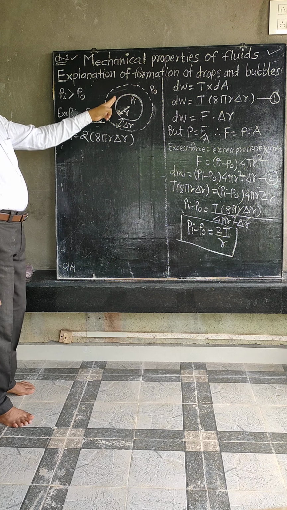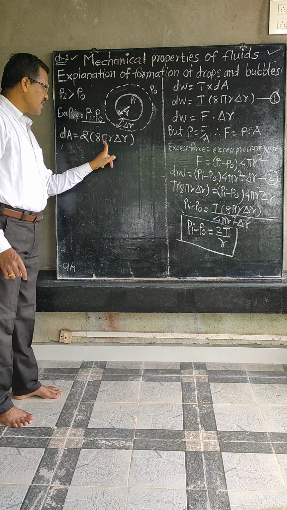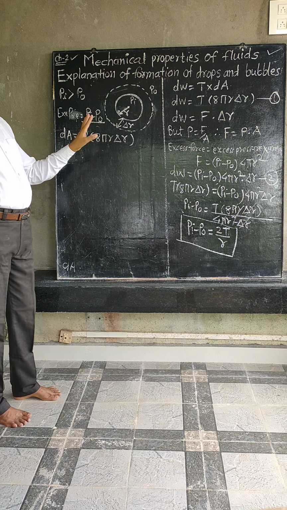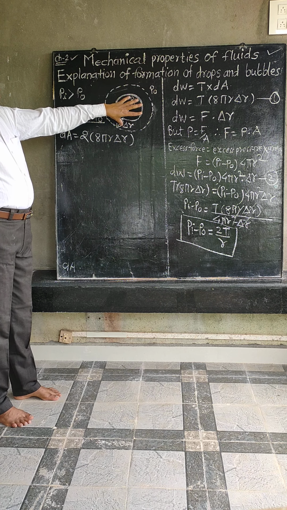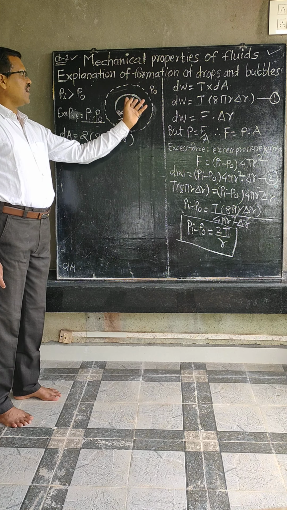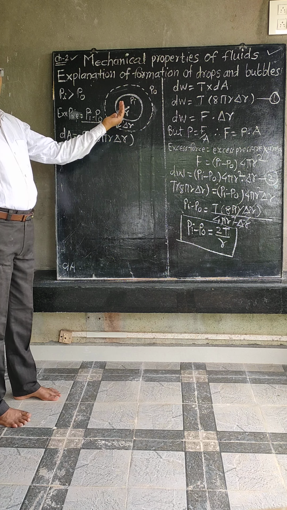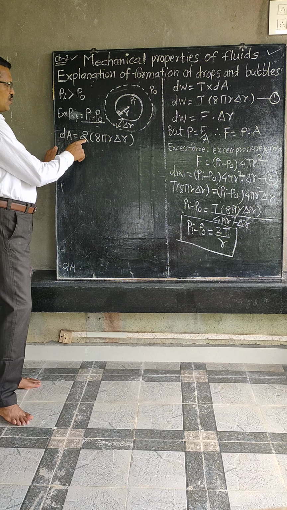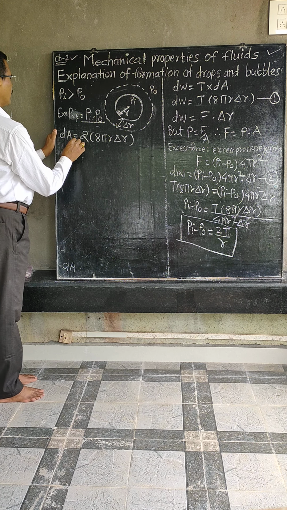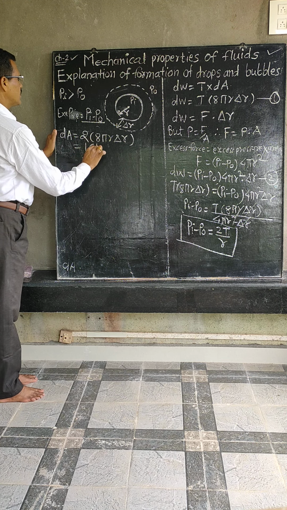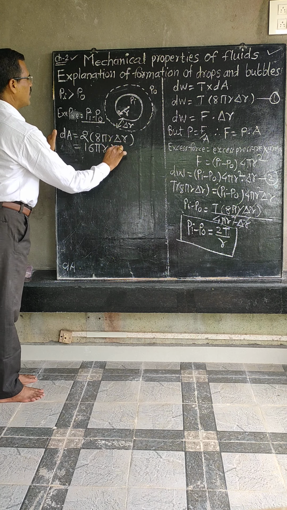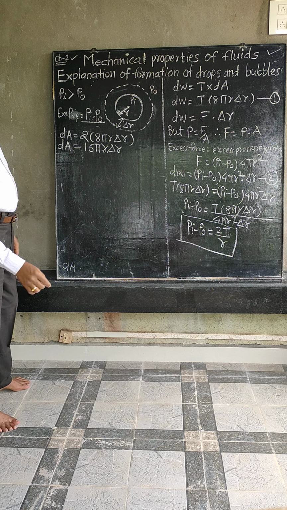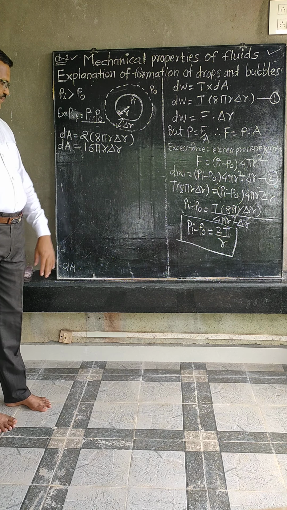In case of the drop, the increase in surface area is 8 pi r delta r. But for a bubble, we consider the inside and outside area, the inner surface and outer surface. Therefore, the increase in area is 2 into 8 pi r delta r, that is 16 pi r delta r.